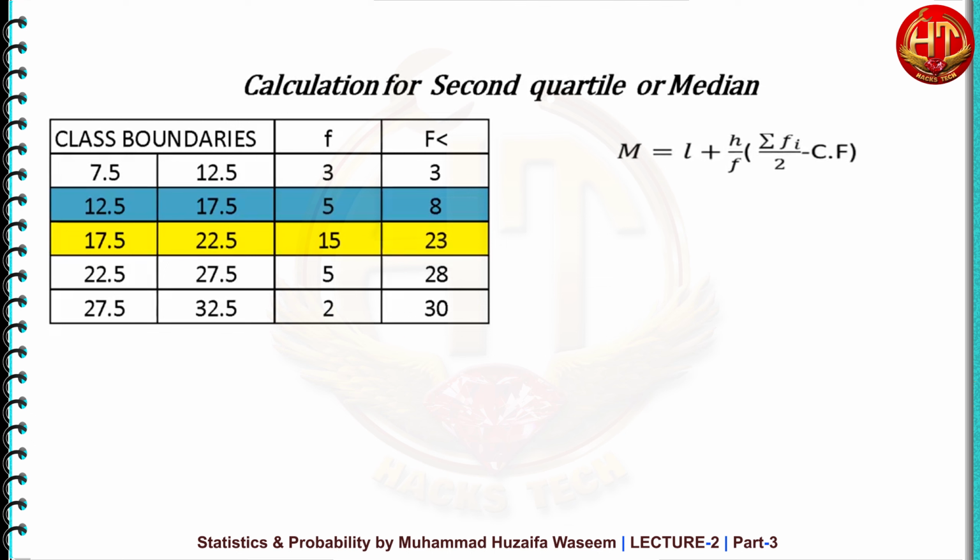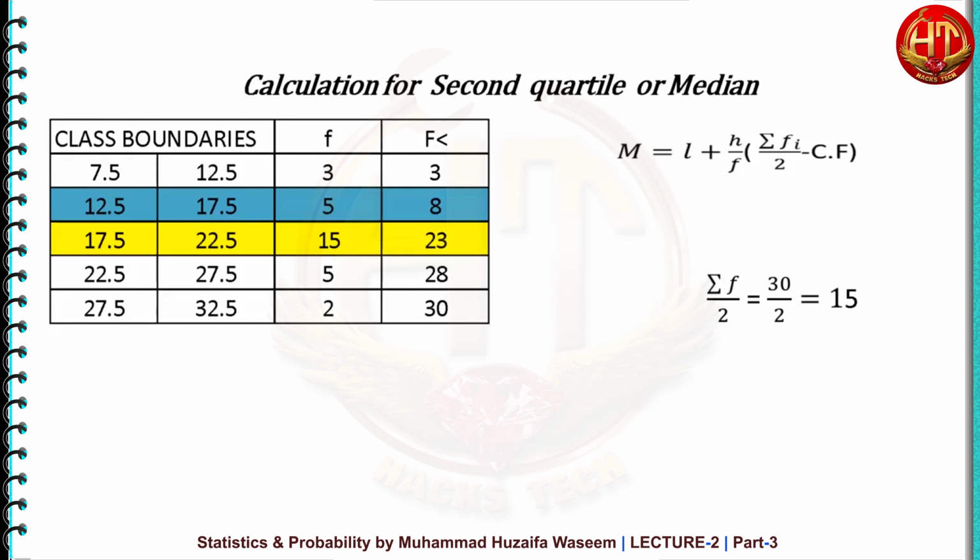This is your formula. When you put i equal to 2, then your formula is just like the median. Q2 is also called the median. After that, first you have to calculate the group, which is summation of f divided by 2.